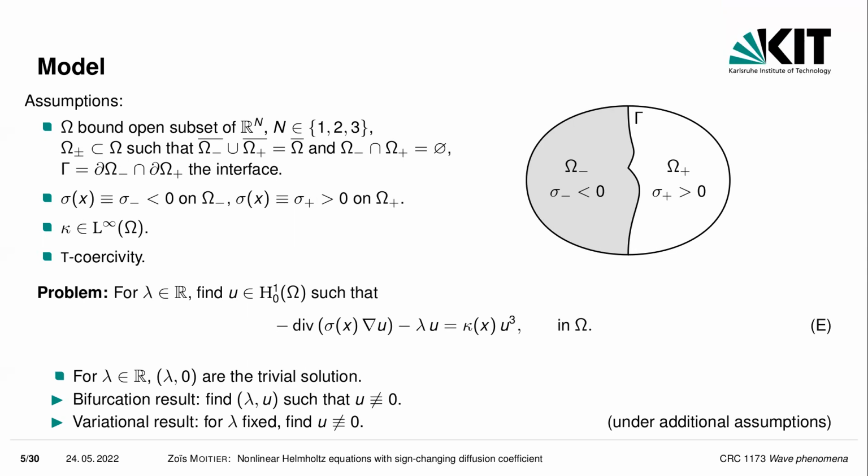But if you're supercritical, in higher dimensions, say when n is equal to 3 and you're approaching the critical exponent for the Sobolev embedding, then the global picture might get a bit complicated. But anyhow, you will observe a local bifurcation at least. What is crucial is that you have a superlinear nonlinearity. We could have done everything for a superlinear nonlinearity. I think that's the essential thing.